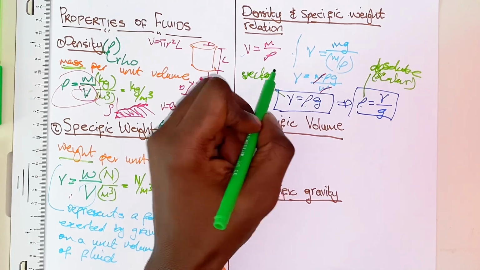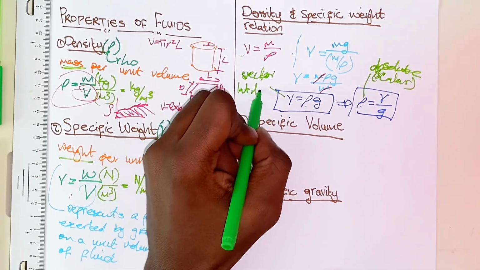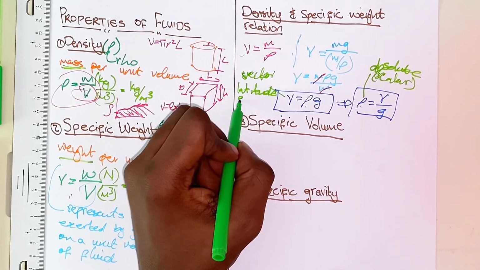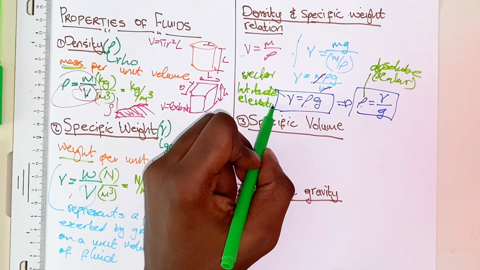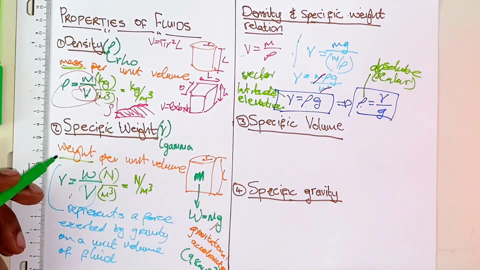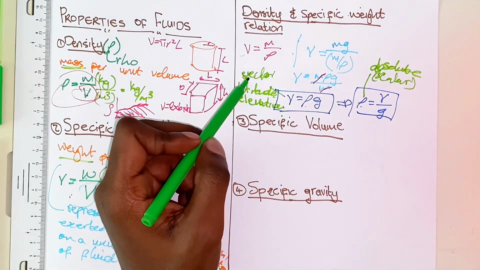It is not absolute, so it will depend on things like latitude, or it will also depend on elevation, because it comes from weight which acts in a specific direction, making it a vector.